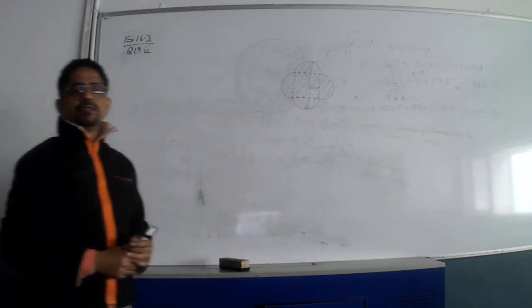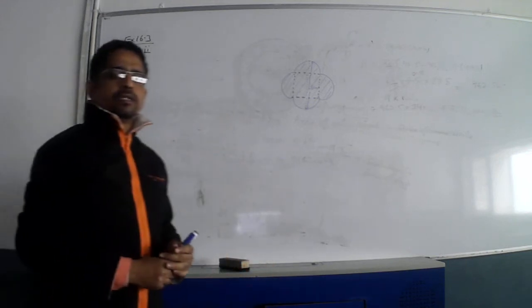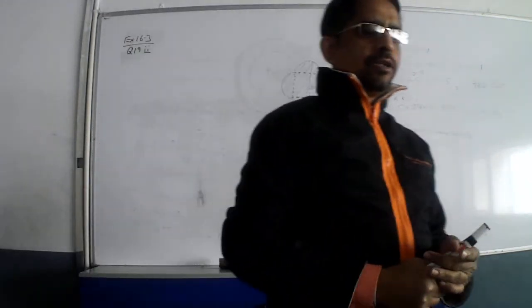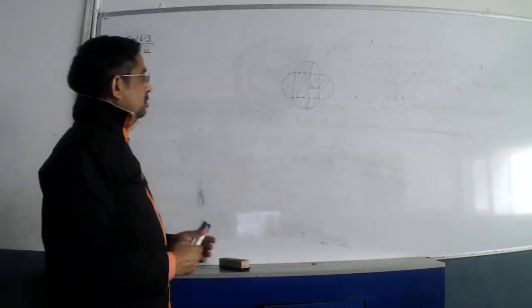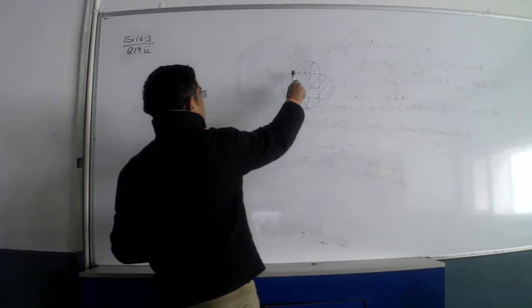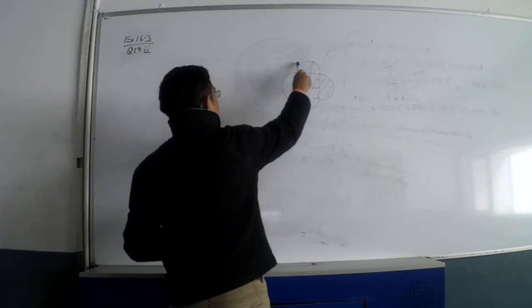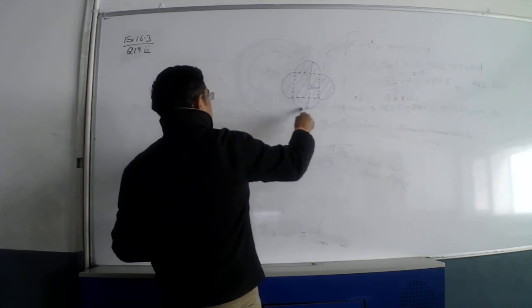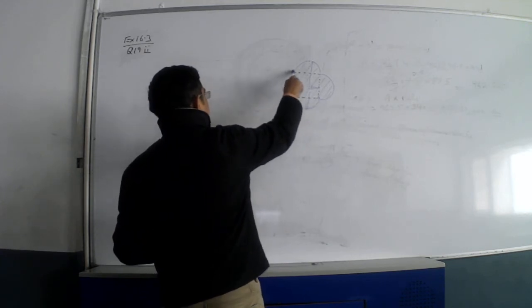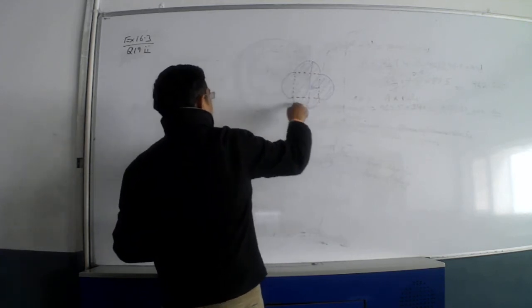Now perimeter, as you know, is the total length of the boundary. So perimeter will be starting from one point, will go like this, then this will be covered, and then this. So if you add all these lengths, you will get the perimeter.